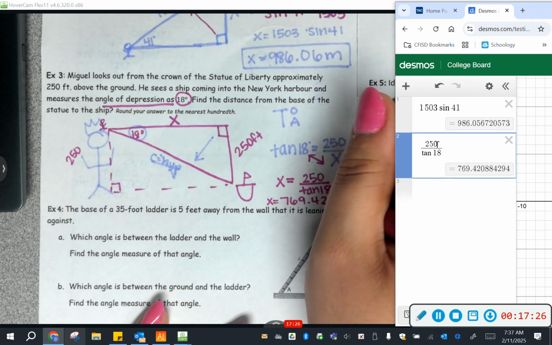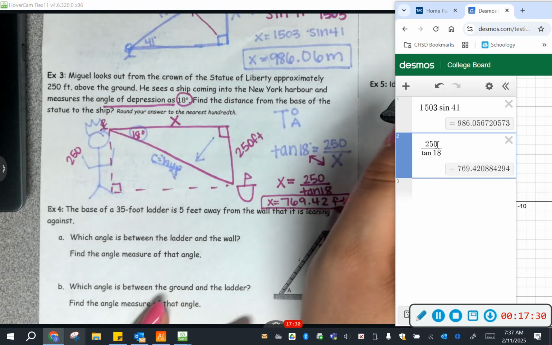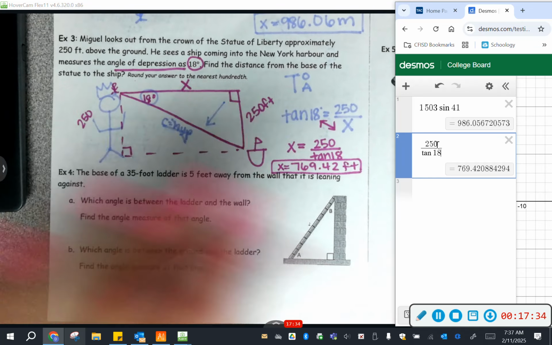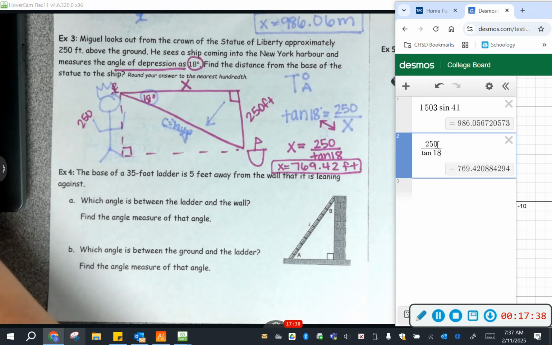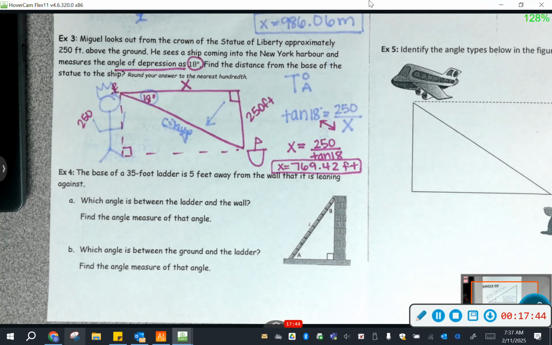What are we talking about here? Feet? If you have trouble drawing that one, today and tomorrow we're going to practice that.